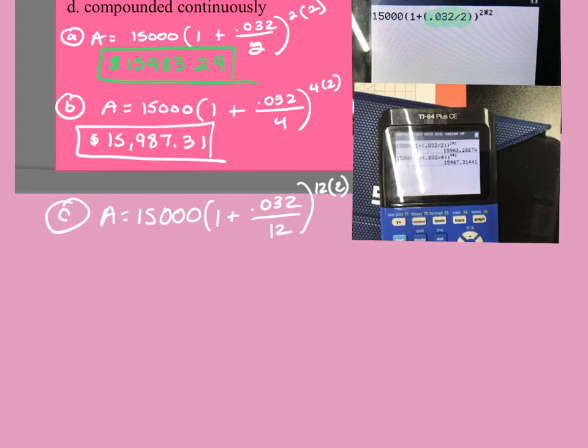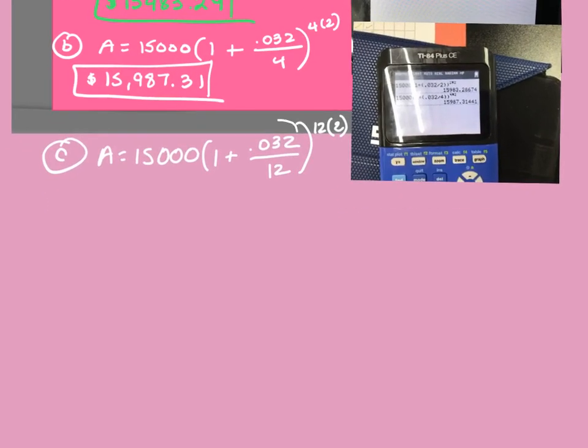If it's this kind, which is the kind that's like your computer, your calculator on your phone, okay, then you have to do this in reverse order. You have to do this first, 0.032 divided by 12. I get 0.002666. Then I have to add it to 1 without rounding it. And I get 1.002666 and so on.